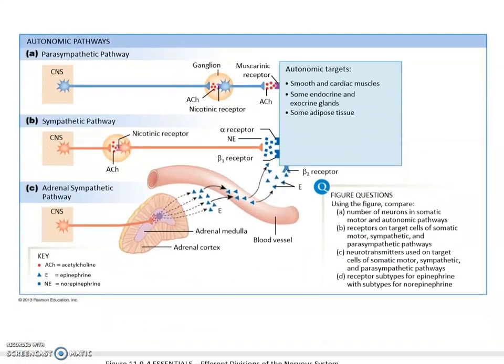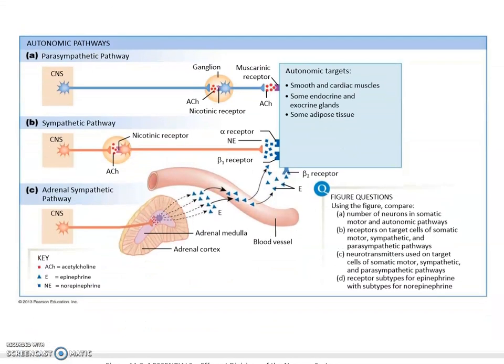So here, still a comparison. The autonomic pathways, so the efferent division, we have the autonomic pathways that will be including the parasympathetic side, the sympathetic side of the autonomic nervous system, and then the adrenal pathway, where we have the adrenal medulla as our modified ganglion, like we talked about.